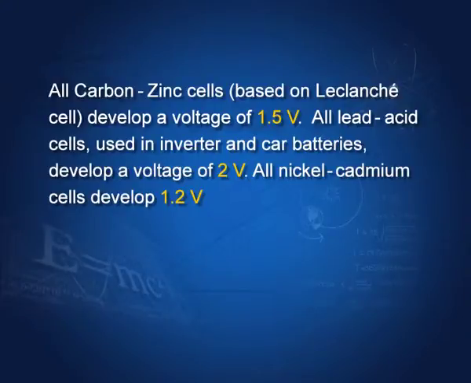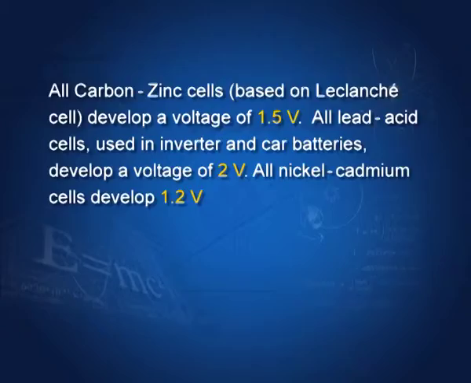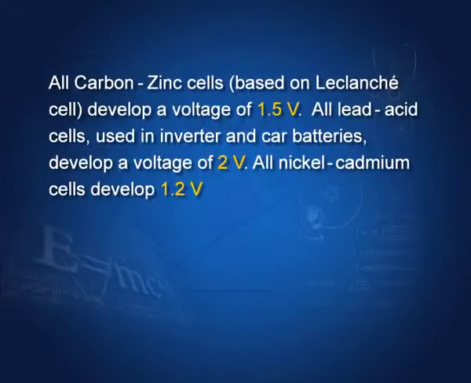The smaller AAA batteries also have 1.5 volts, because both of them have the same chemical reaction, which is based on the Leclanché cell, and therefore they produce the same voltage. All lead acid cells, the kinds that you use in an inverter battery or in a car battery, develop a voltage of 2 volts, because the reaction in them is the same. All nickel cadmium cells develop a voltage of 1.2 volts.